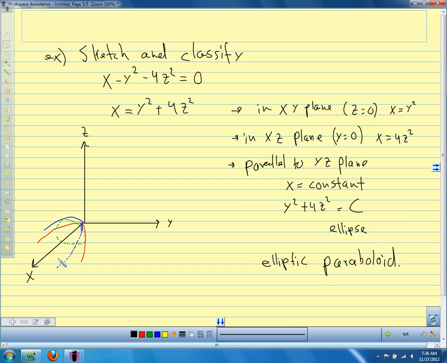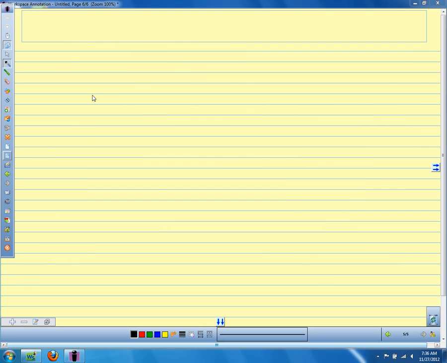I wanted to talk quickly about the hyperboloids. The hyperboloids take two forms, and those are the second and third examples on the first page that I talked about.